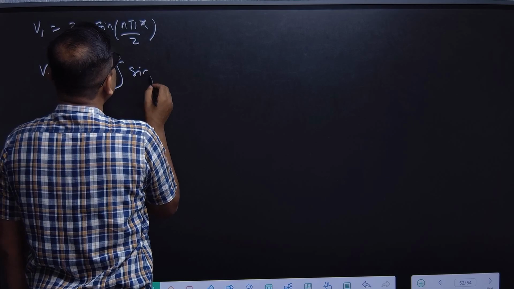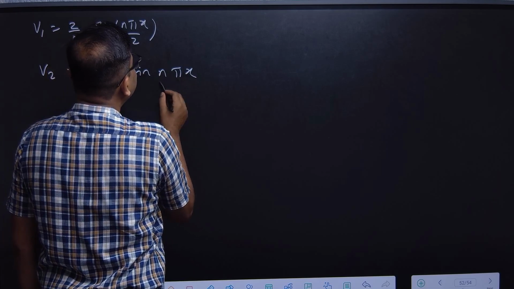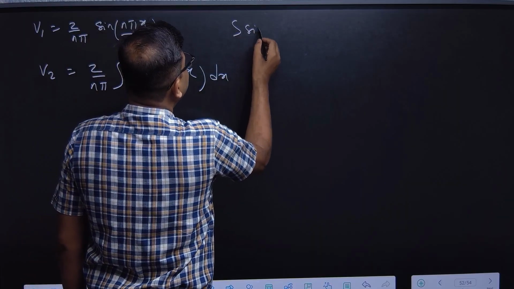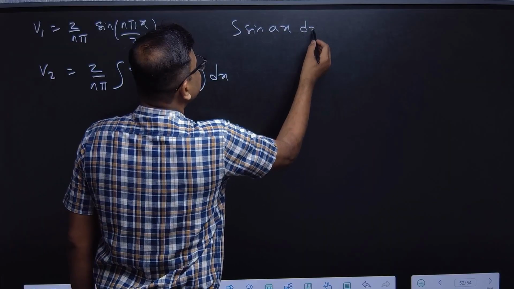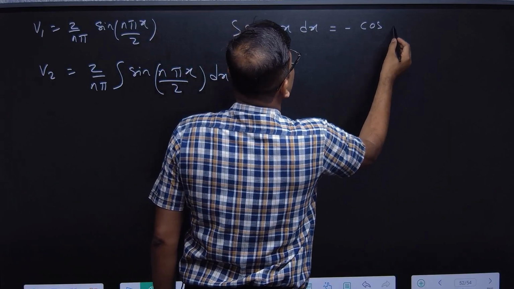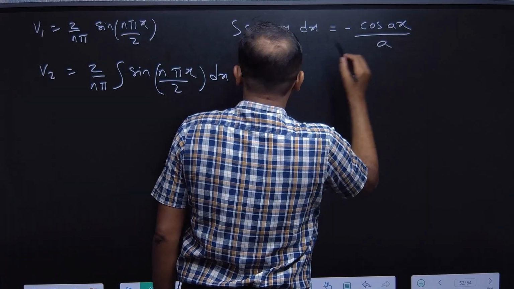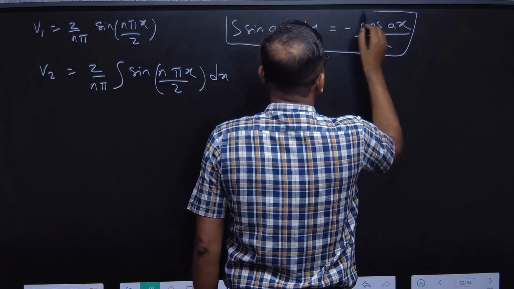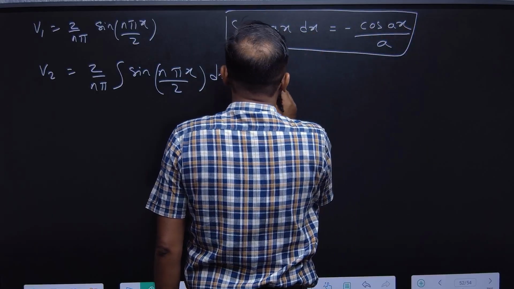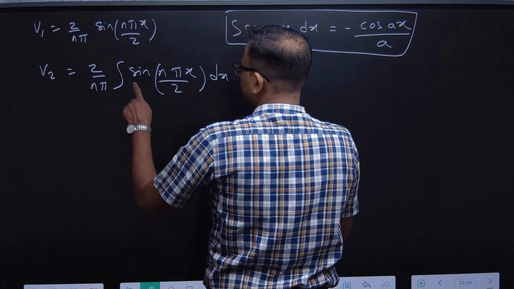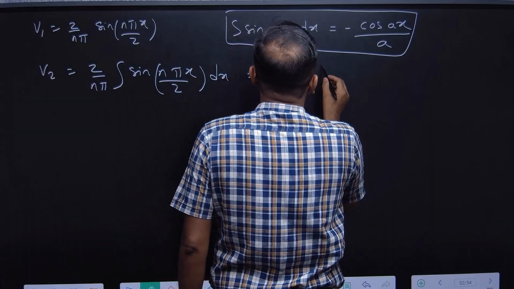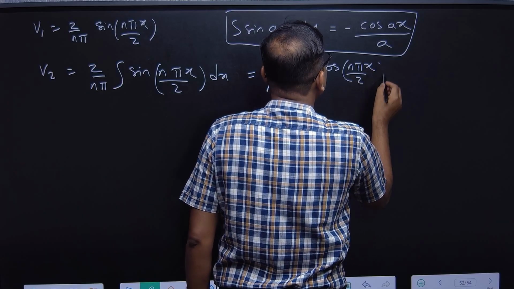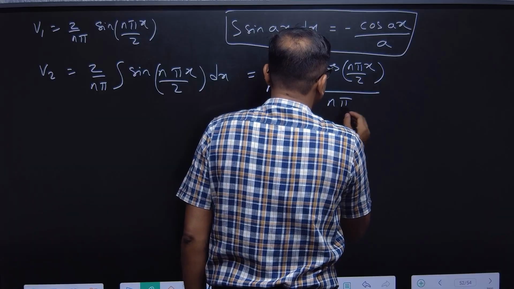It will be integration of sine n pi x upon 2 dx. Remember the formula, integration of sine ax dx is minus cos ax upon a. When we integrate this term, this 2 upon n pi is as it is outside the integration. Integration of sine becomes minus cos n pi x upon 2 divided by n pi by 2.